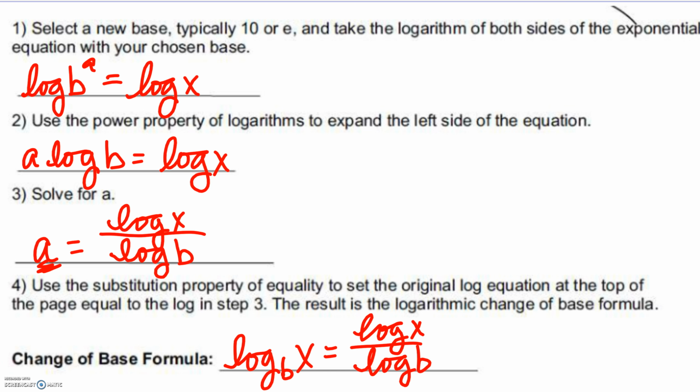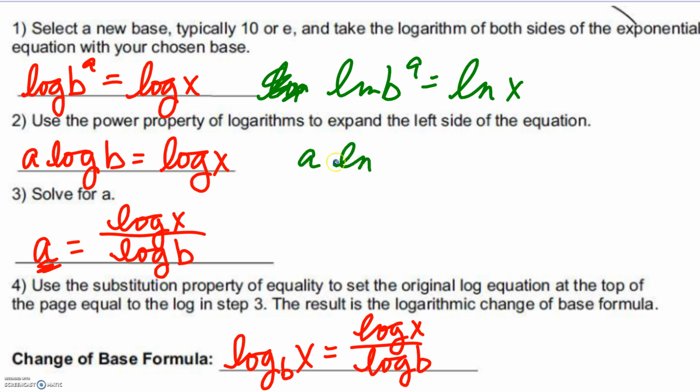Notice what we have done here is we had something in base b and we changed it to base 10. Now, there's nothing magical about changing it to base 10. We could have chosen whatever base we wanted. So up here on this original step, if I had taken the natural log of both sides, natural log of b to the a equals the natural log of x, then we would have had a times the natural log of b equals the natural log of x.